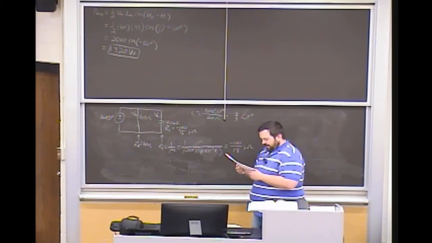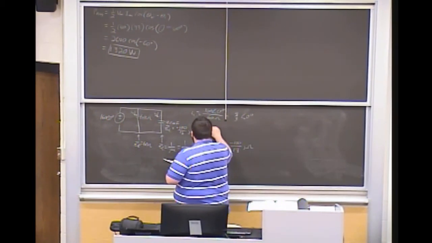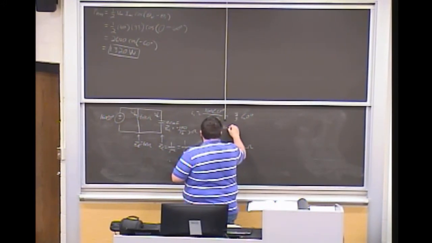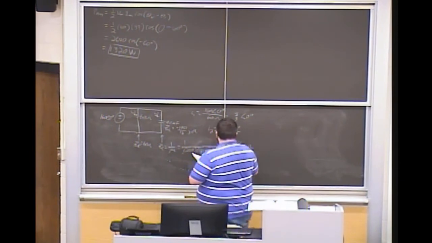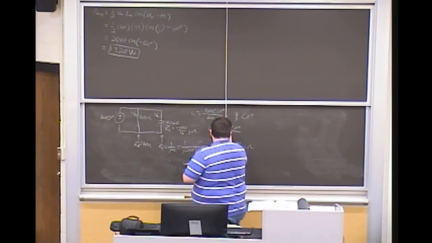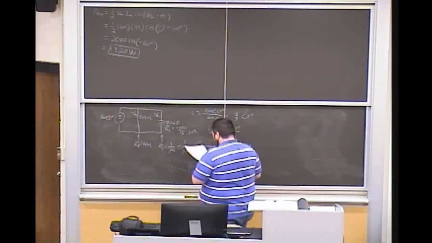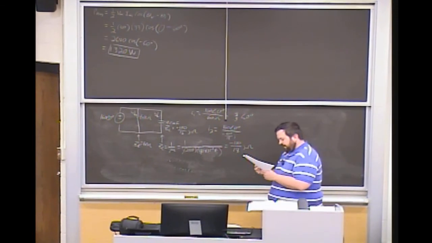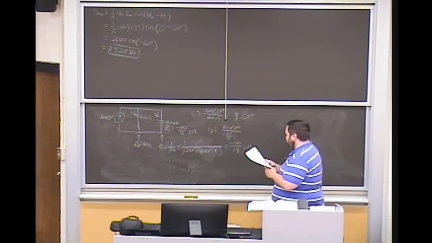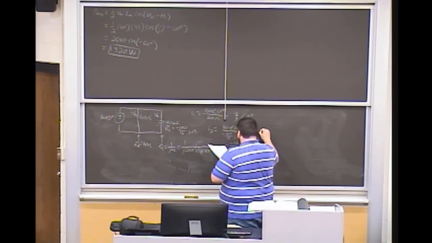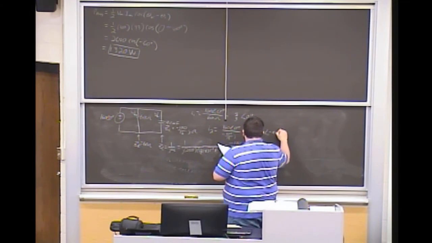And so, if I want to figure out my I2, I2 is going to equal the same voltage divided by this right here, which is going to be negative 100 over 18 J. And so, if I want to figure that out, this actually works out to be 28.8 at negative 90 degrees.